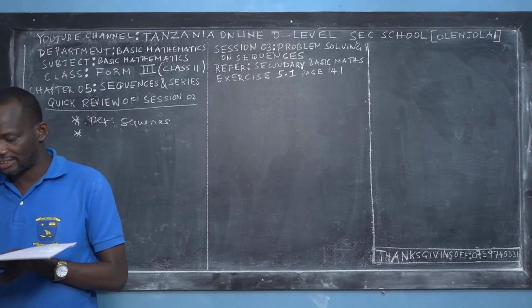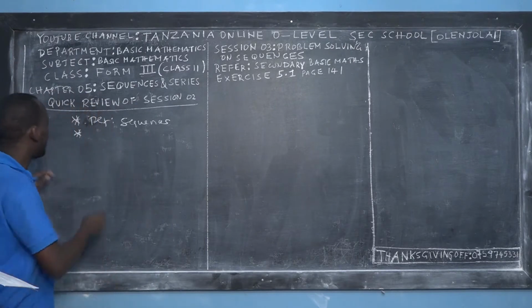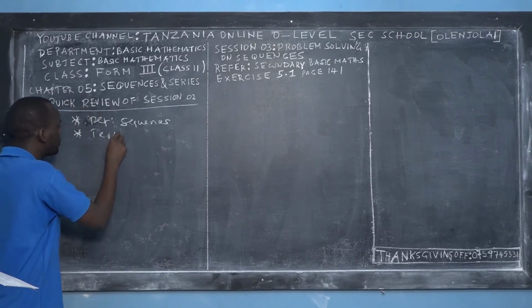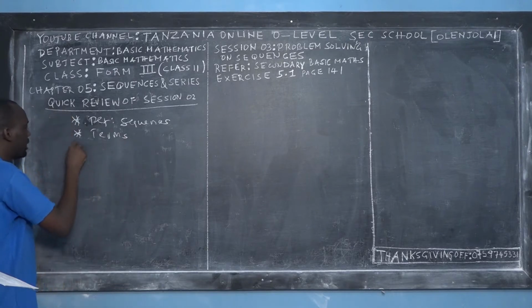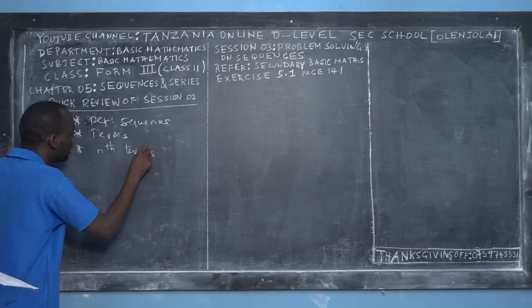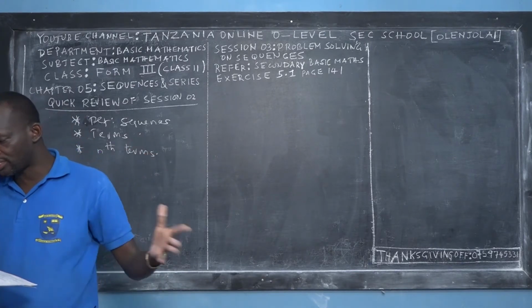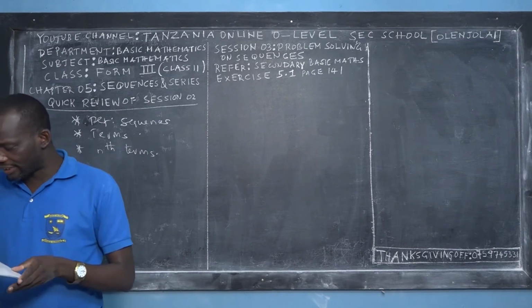So we are forming patterns, and these terms are separated by commas. Again, I told you the meaning of terms, and a specific term we call the nth term. Another key point we learned, after learning the sequences, the examples and the nth terms, was the types of sequences.